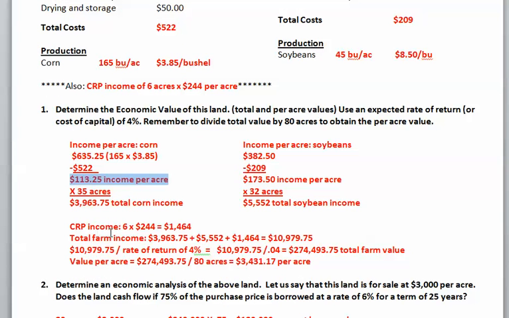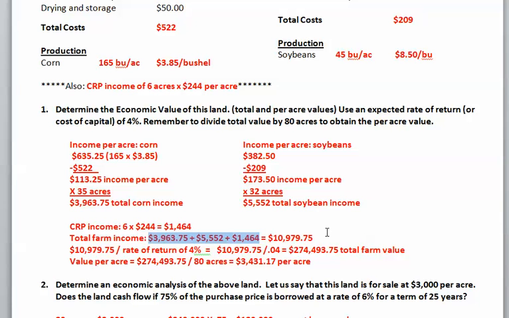We have to add in the CRP income now of the 6 acres times $244 per acre for a grand total of $1,464. So to figure out the total farm income, we add the corn, the soybeans, and the CRP to get a grand total of $10,979.75.